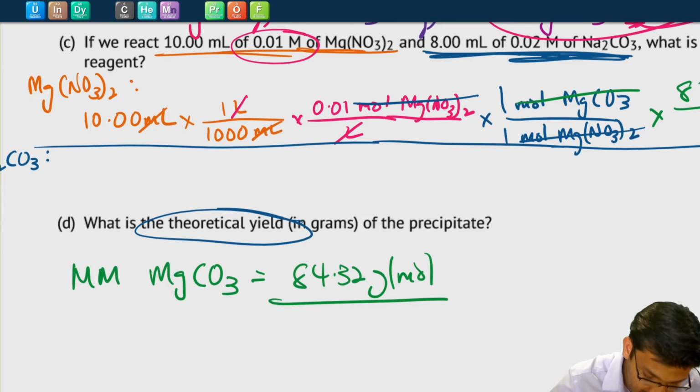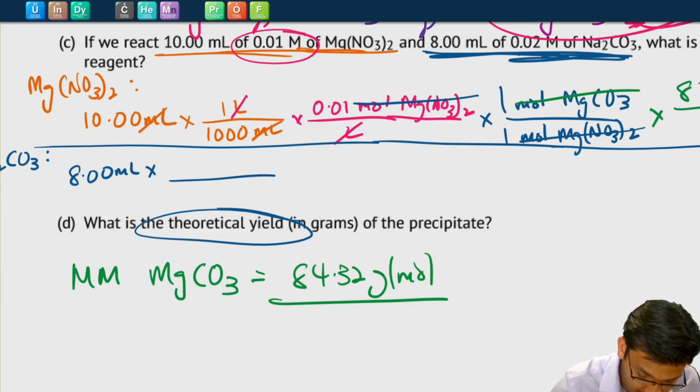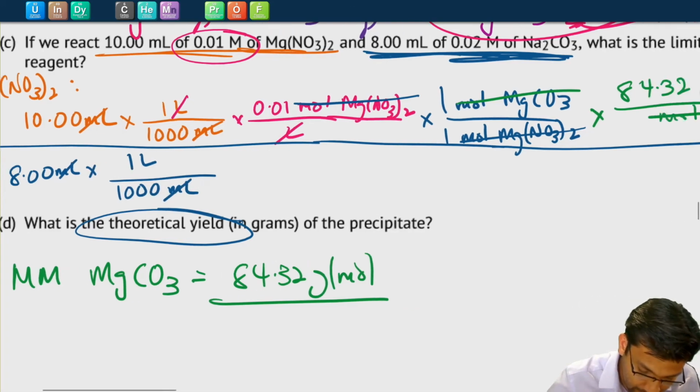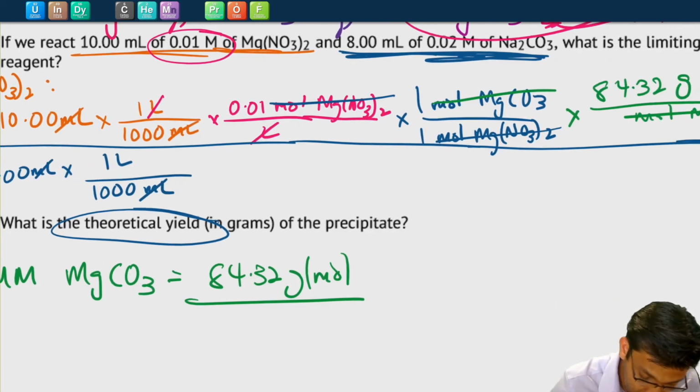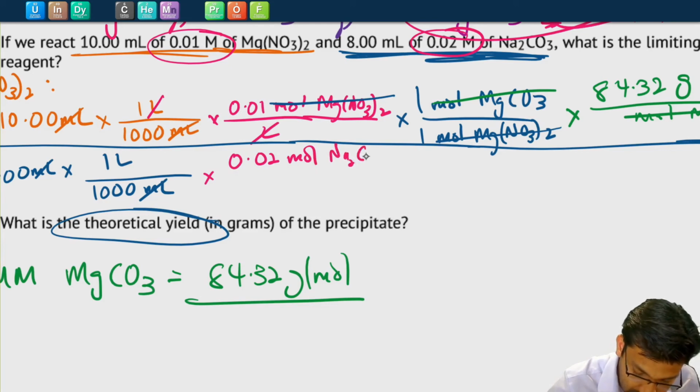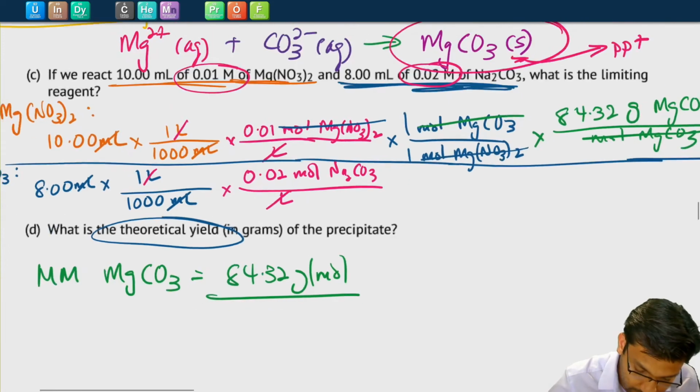If we start with sodium carbonate, we're starting with 8.00 mL. We can convert to number of moles using molarity, but first we have to convert to liters. Now we can multiply by the molarity, which is 0.02 molar. So 0.02 moles of sodium carbonate over liters. So liters cancel out.